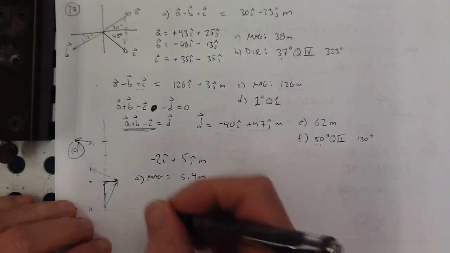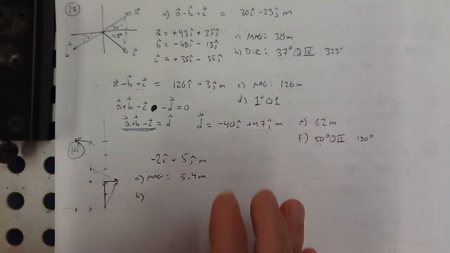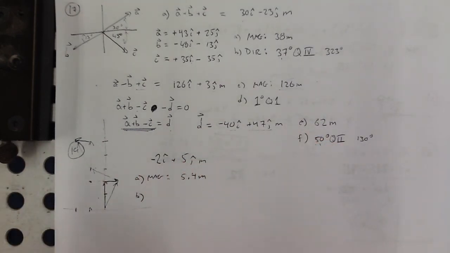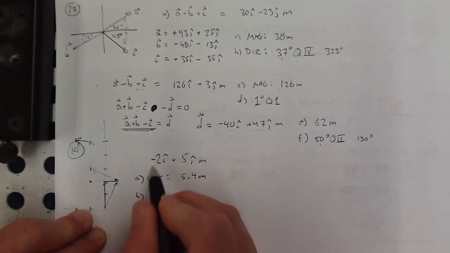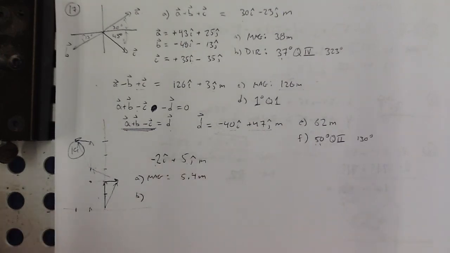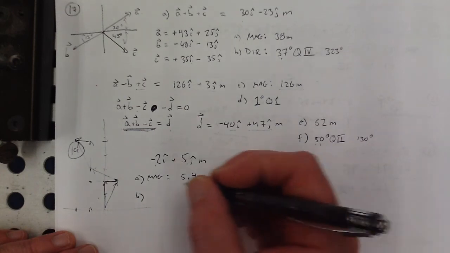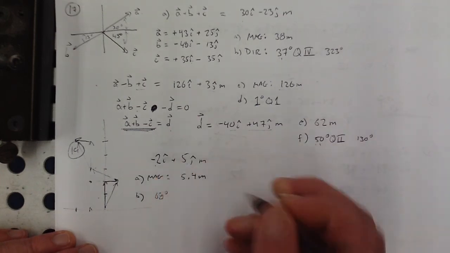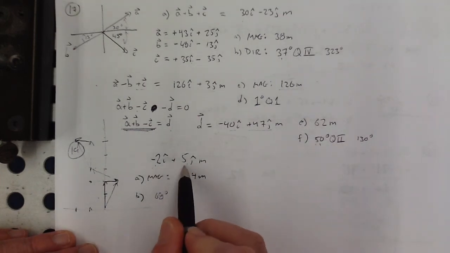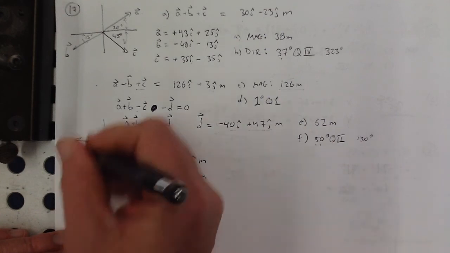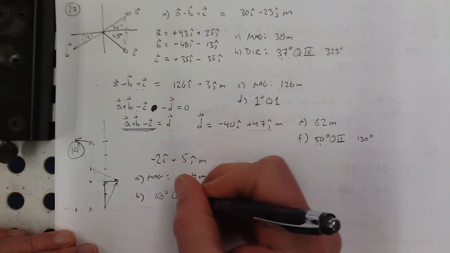And then the angle, I'm going to ignore what they said about how to report the angle just for a minute and find it like I always do. So tangent inverse rise over run is 68 degrees. Since it's negative, positive, that's in quadrant 2, which we can clearly see from our picture here.